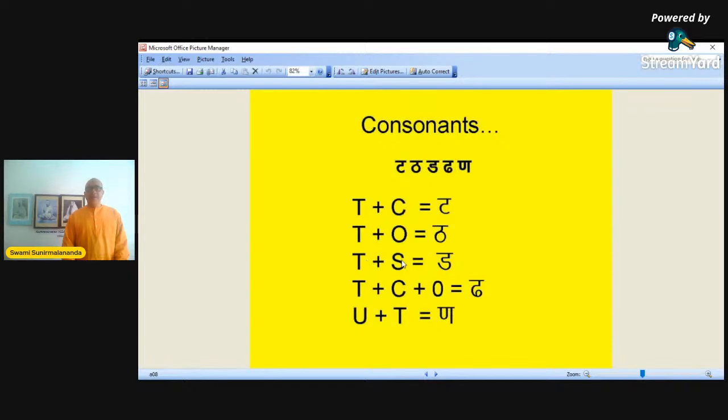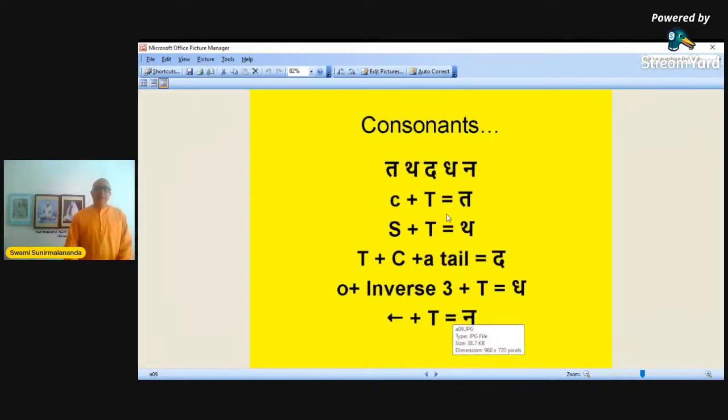Write letter T and S, it becomes da. Write the letter T, add C to it, and a 0 at the bottom, it becomes dha. U plus T becomes na. So it is ta, tha, da, dha, na. These are the 5 consonants.